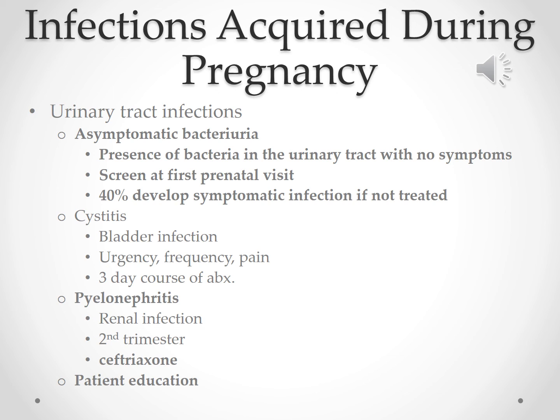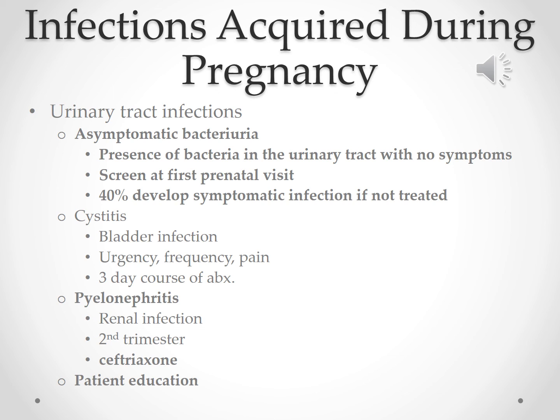For your pyelonephritis, this is where we start getting into some serious trouble. So if you have not managed the asymptomatic bacteriuria and it progresses to a bladder infection, cystitis, urinary tract infection, and you don't treat that adequately, it is going to progress up and get into the kidneys, and you're going to have pyelonephritis.